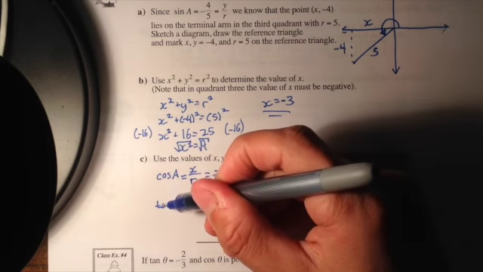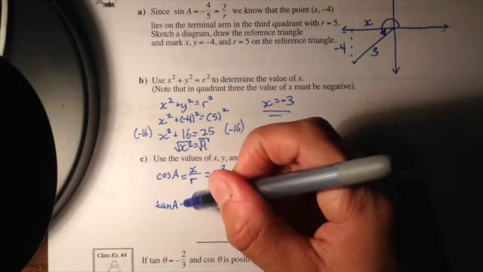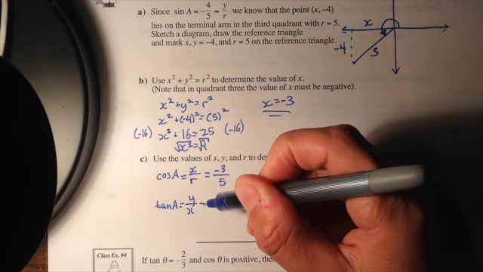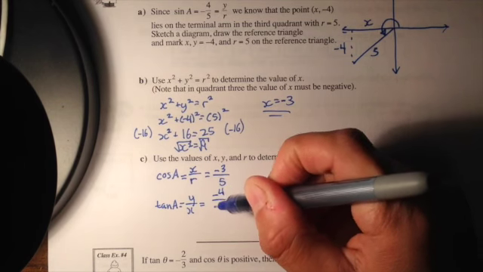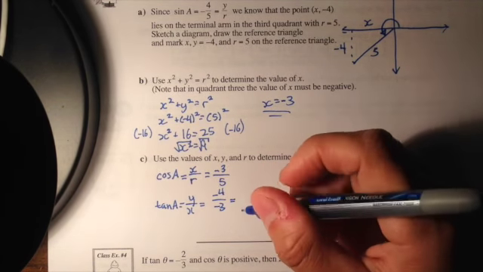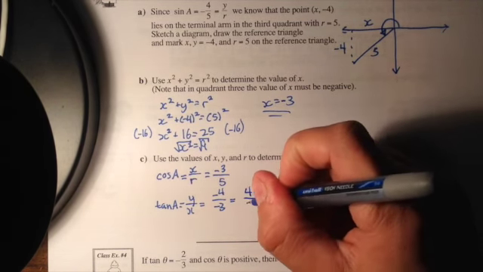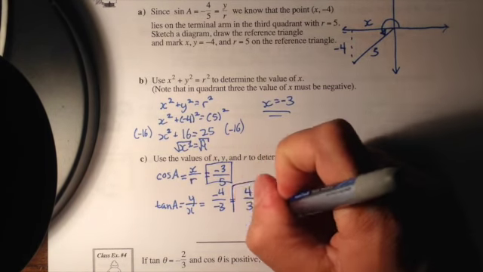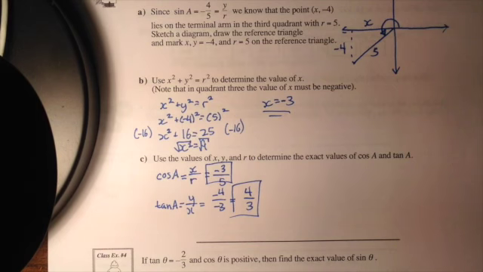And then for tan A, we need to find the exact value as well. Tan A is y over x, which is equal to negative 4 over negative 3. A negative and a negative will split the positive, 4/3. So these are our exact values for our cosine and tangent ratios.